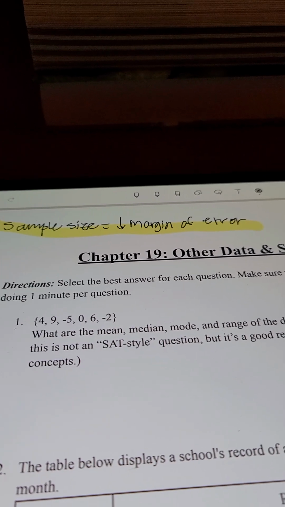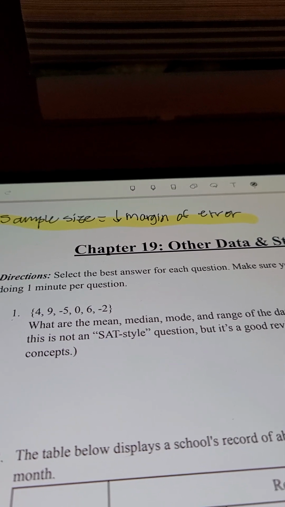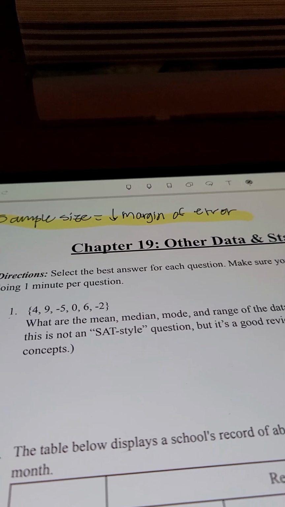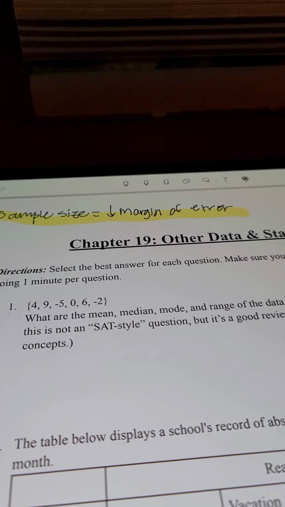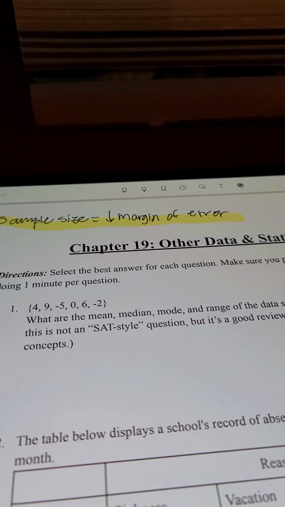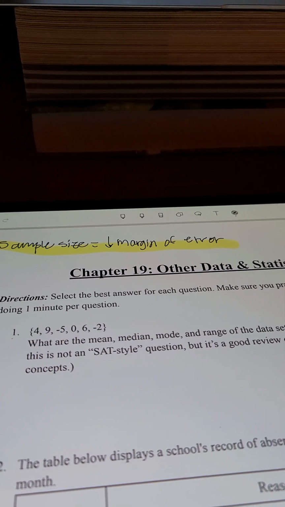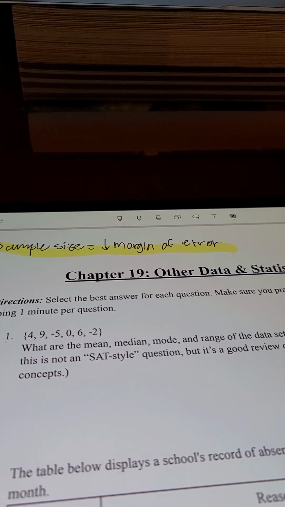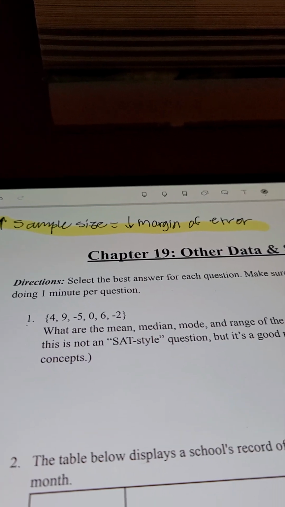So if you're expecting 80% of people to do something and you say you have a 5% margin of error, it means you're expecting about 80%, but also expecting to be off by about 5%. So it's probably going to be between 75 and 85%. That's how much you expect to be off, sort of, is the best way to think about it, I think.